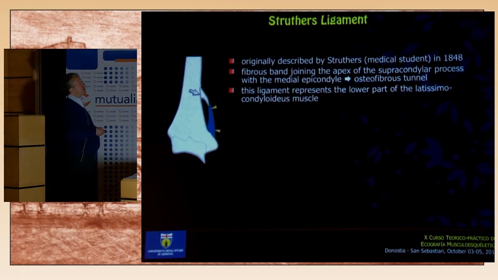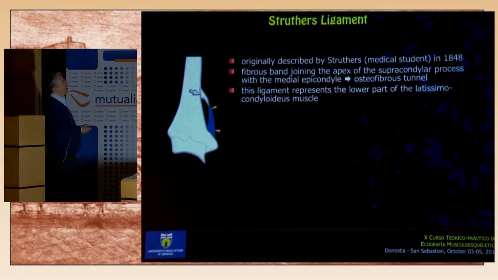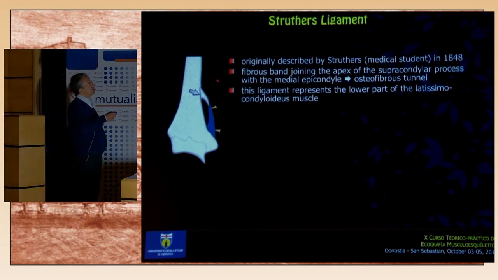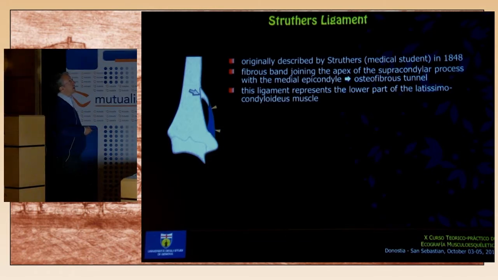The ulnar passes more posteriorly, and in some instances this beak is completed by a ligament, as you can see here, just to reproduce what was visible in the humerus of cats, and this ligament is named the Struthers ligament.